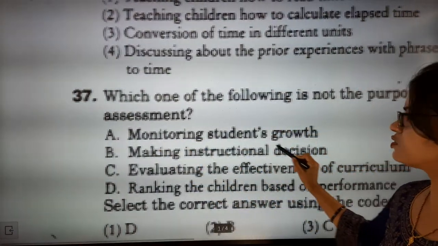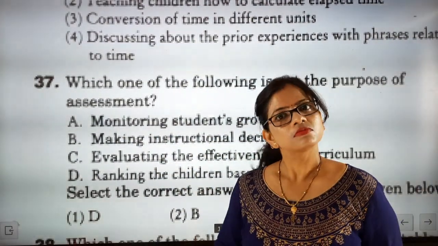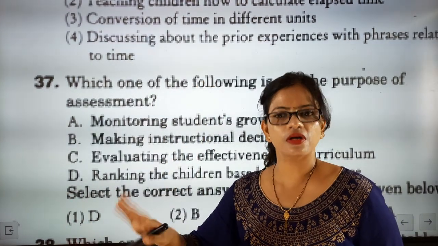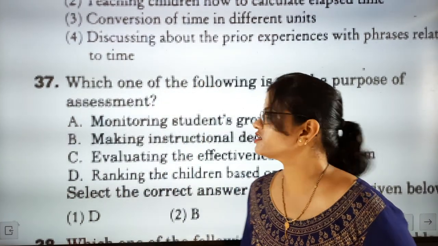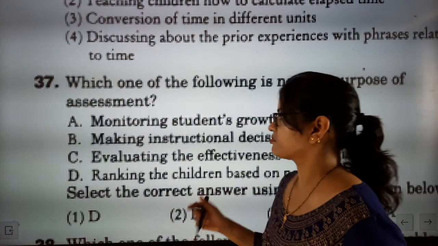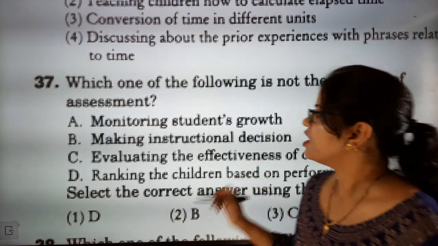Monitoring student growth: how much the student has grown, that much growth we have to monitor. For that only we are doing assessment. Making instructional decisions. What do instructional decisions mean?